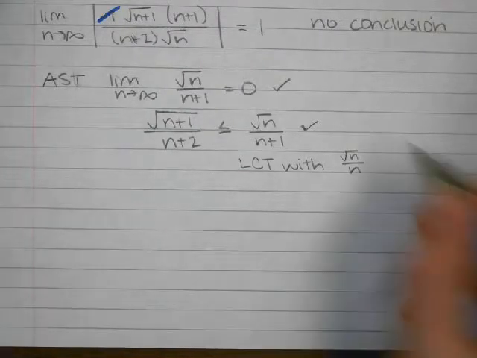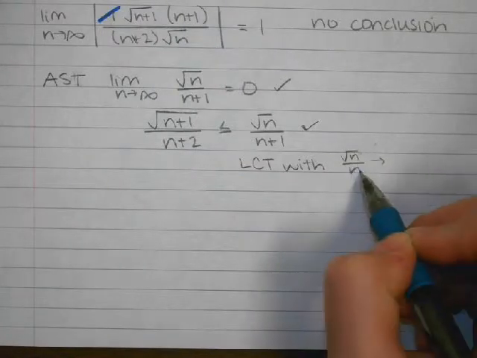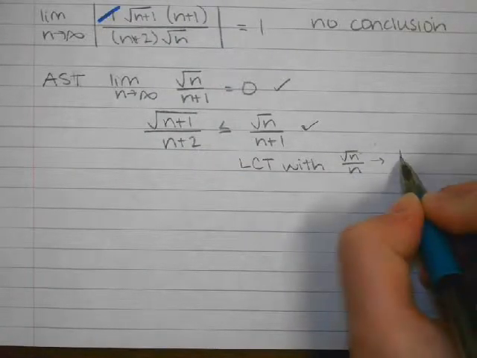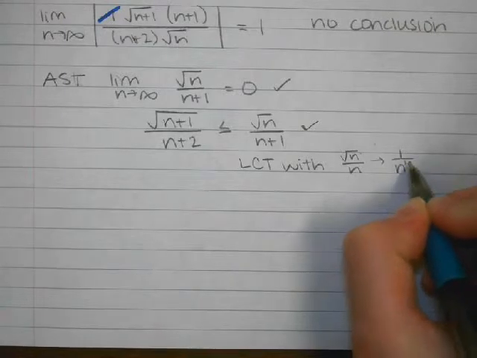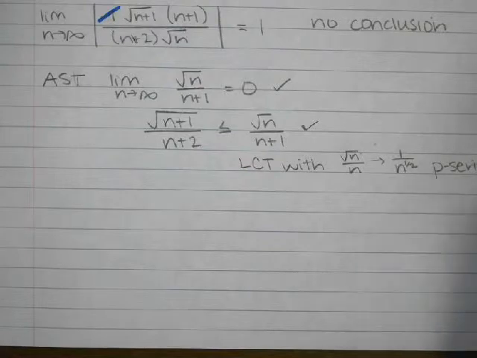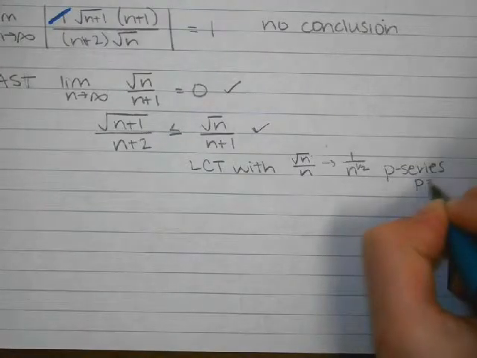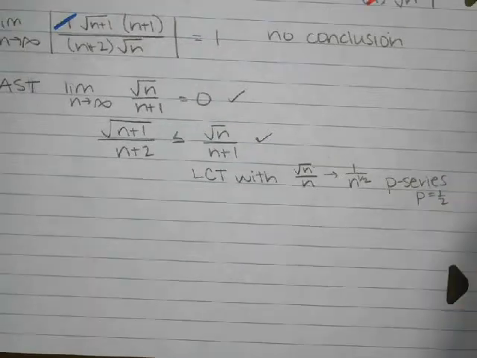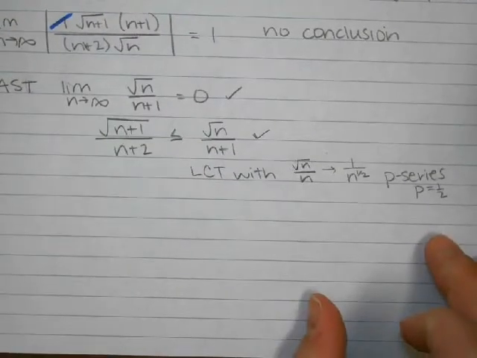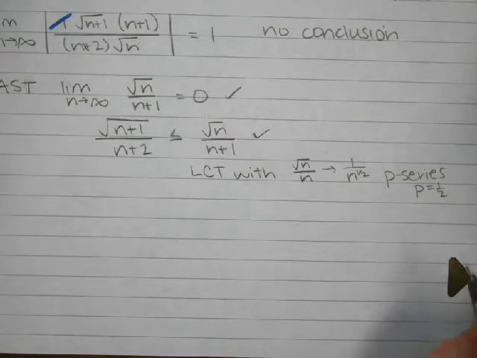So if I was to simplify that, n to the 1/2 on top, n to the 1 on the bottom, this would simplify to 1 over n to the 1/2, which is a p-series, and it's a p series where the p is 1/2. And so that would mean that by what we think of with the p series, it would diverge.